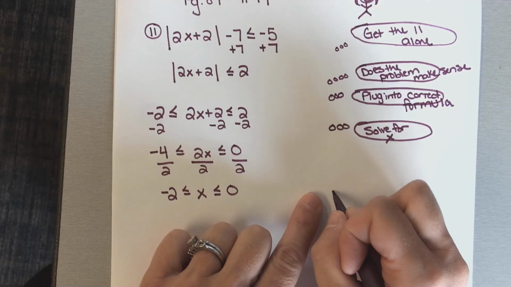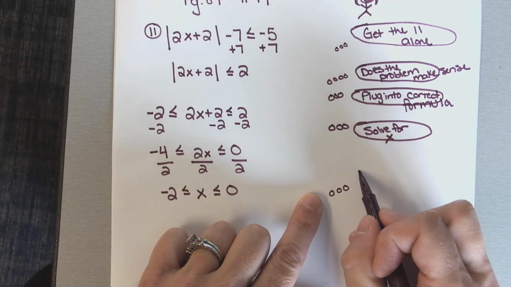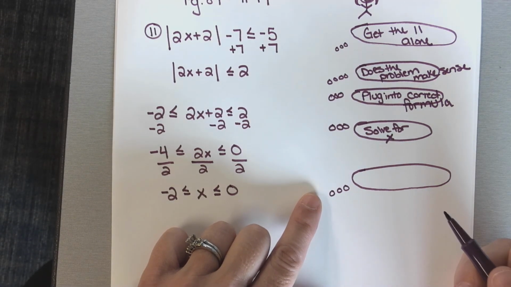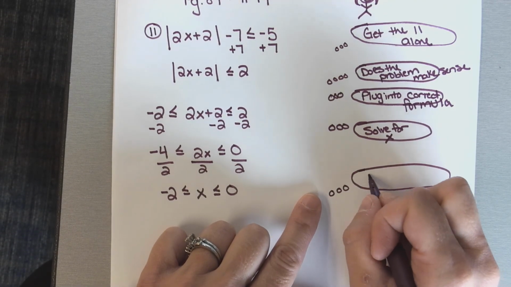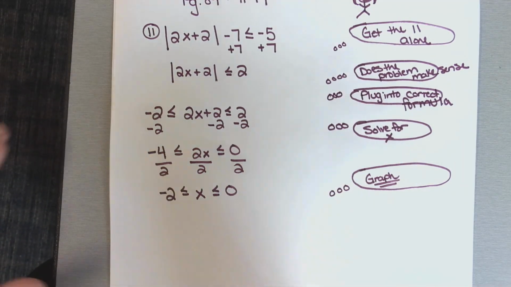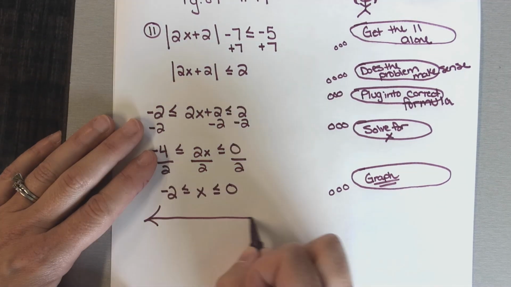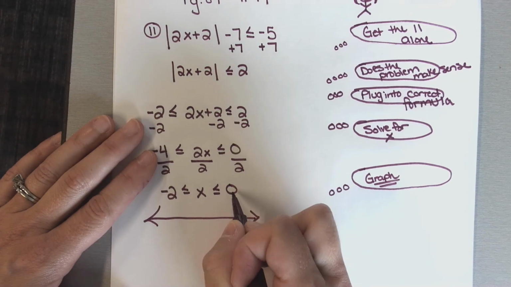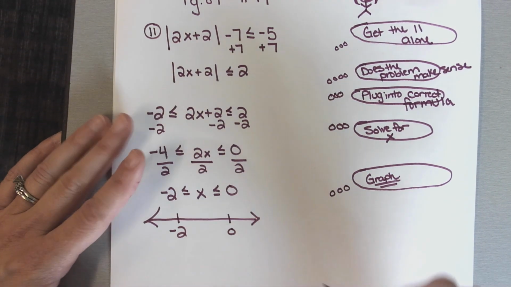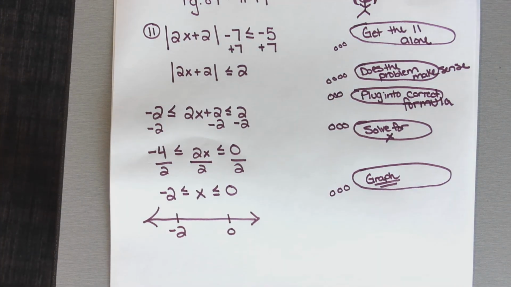And so now my last thought about this problem is I need to graph it. So I'm going to go ahead and make my number line. Remember that I care about 0 and I care about negative 2, and I'm not going to make you graph anything else because we already have plenty of work to do.